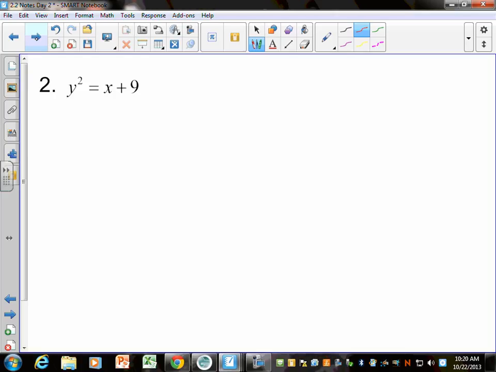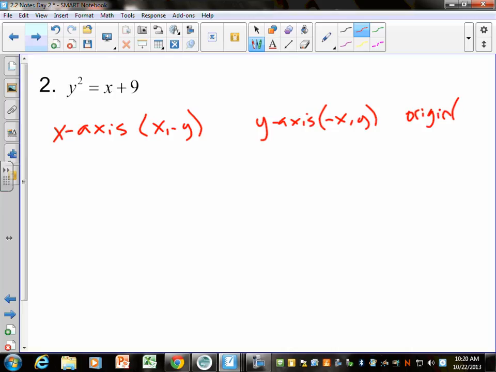Same directions on this. X-axis, y-axis, origin. So I'm going to give you a head start here. I'll write up here, like for the x-axis, it's x, negative y. And for the y-axis, it's negative x, y. And for the origin, it's negative x, negative y.